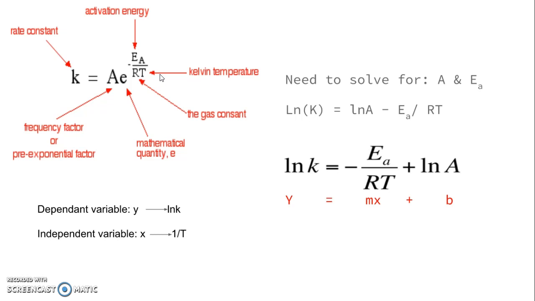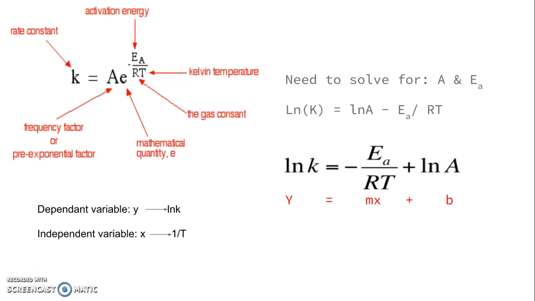So our Arrhenius parameters are going to be A and Ea, which are our pre-exponential factor and our activation energy, so that we may predict the correct rate constant at any given temperature.